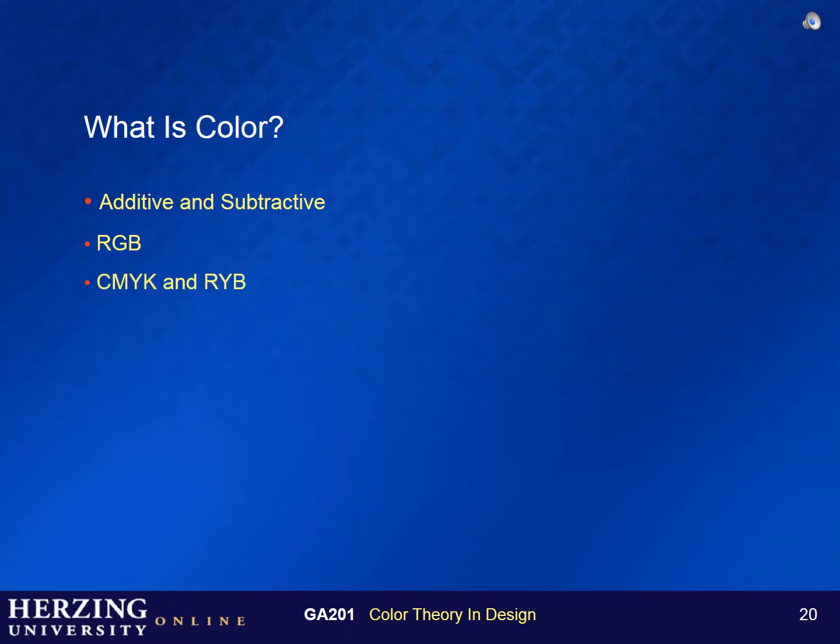The subtractive primary colors, made from reflected light, fall into two categories: CMYK, cyan, magenta, yellow, and black, and RYB, red, yellow, and blue. RYB colors are referred to as the artist primaries and are the basis for most color theory.